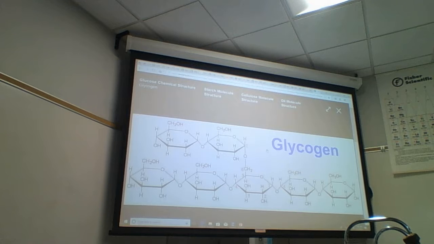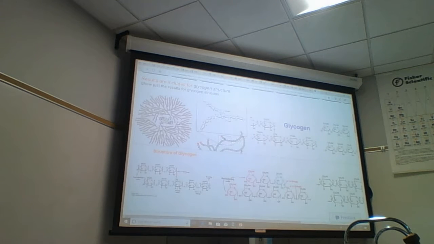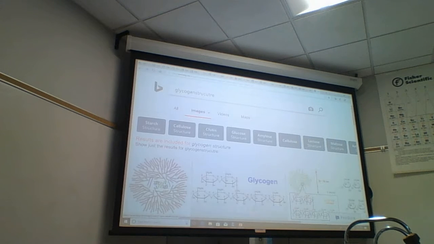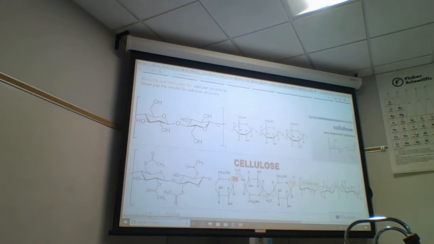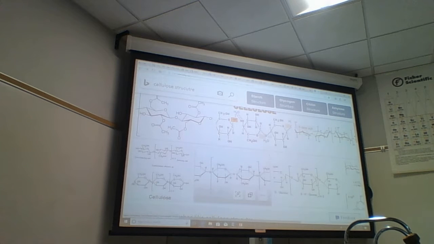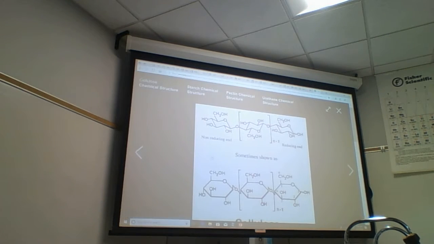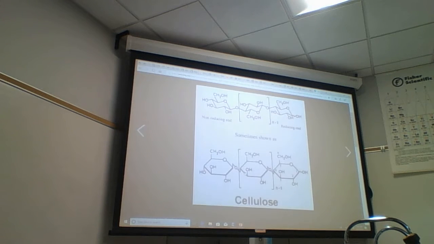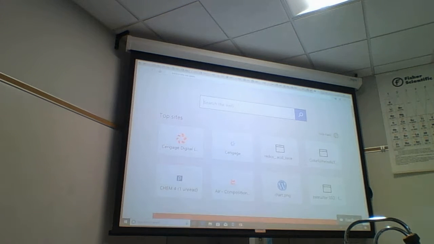And glycogen and cellulose, let's compare it to here. Cellulose versus glycogen. Actually, a bit better to get this comparison slide.